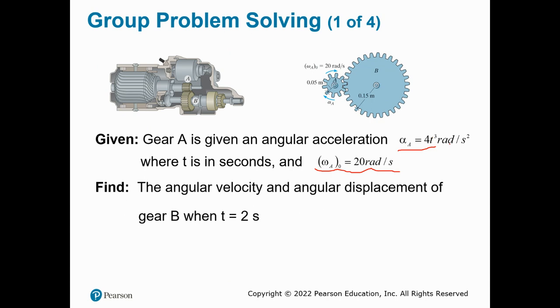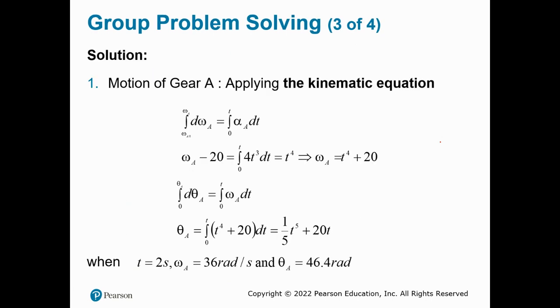So from alpha A we can take the integral to get the omega. Taking the integral of angular acceleration will give me the function of angular velocity.